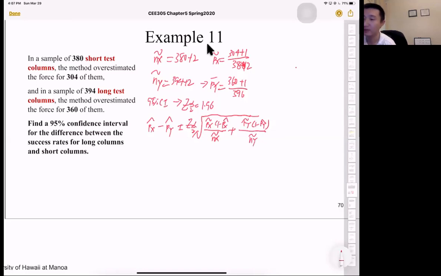And we know for px it is 0.7984, and for py it is 0.9116.